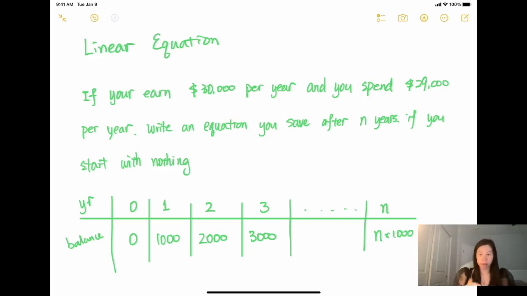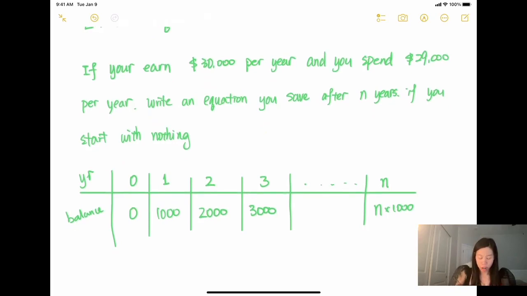So how can I write the equation for that? The balance of your account equals n times 1,000, or 1,000n, if you're starting with nothing. An equation like that, we call a linear equation.